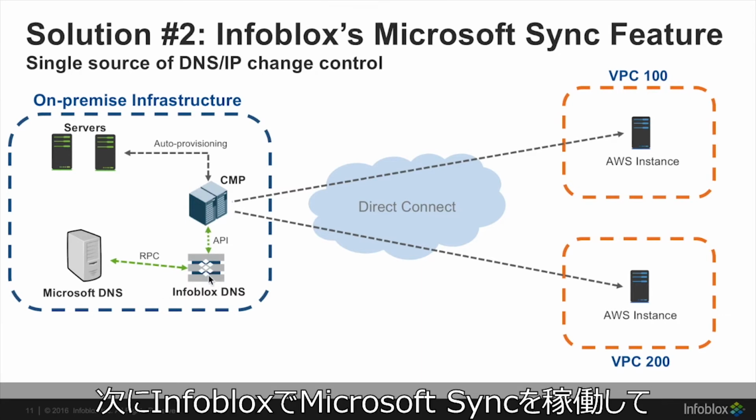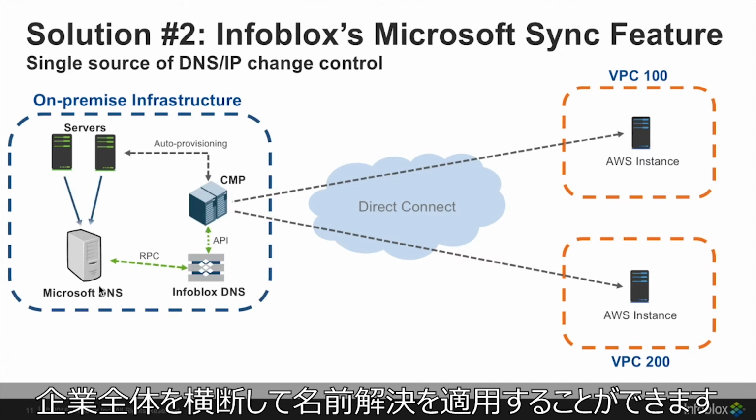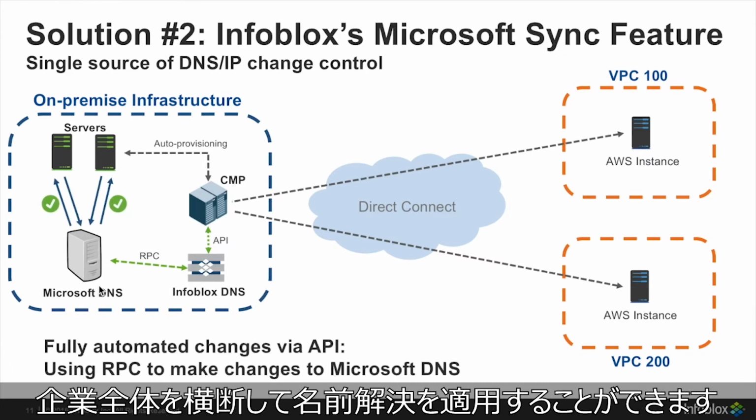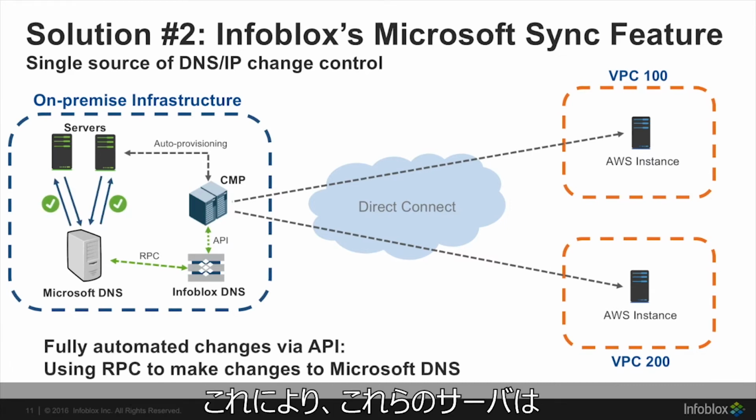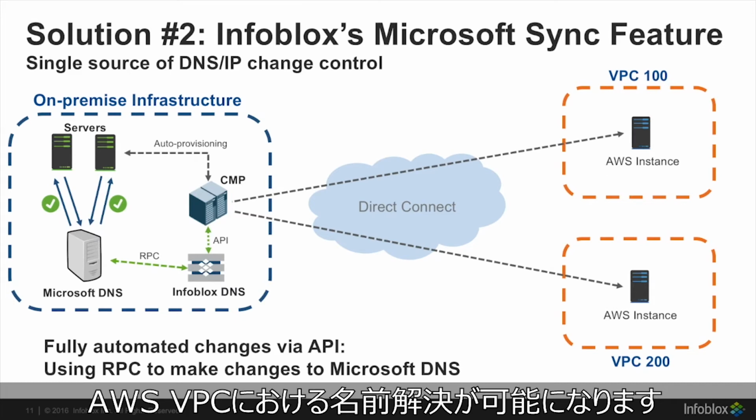Infoblox here will run a Microsoft sync to push the changes via RPC into Microsoft. In doing so, it provides full resolution across the enterprise, so these servers can resolve what's sitting on AWS instances or AWS VPCs.